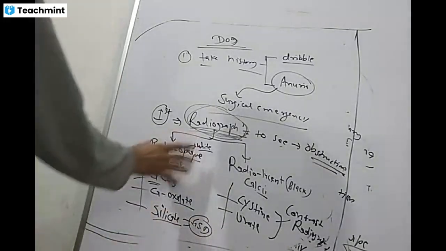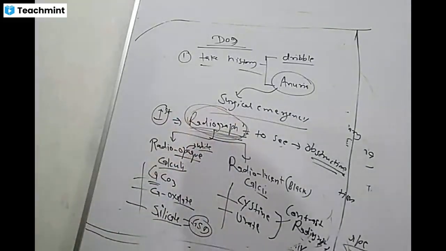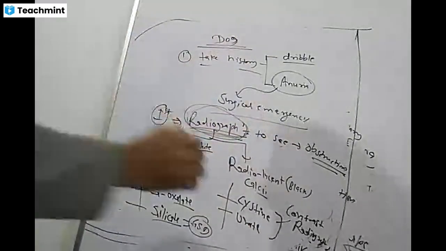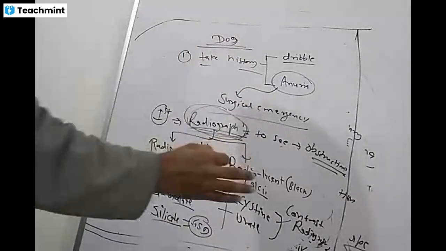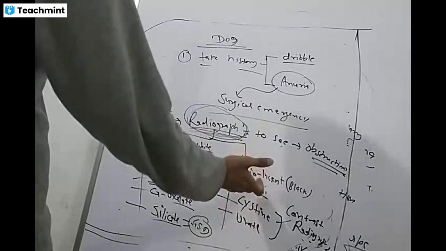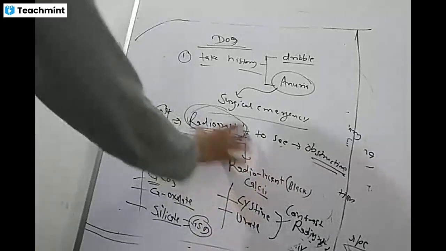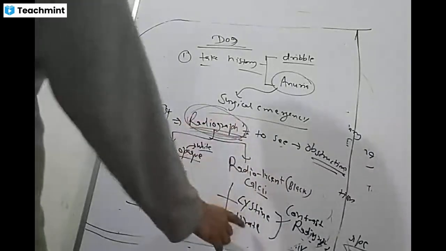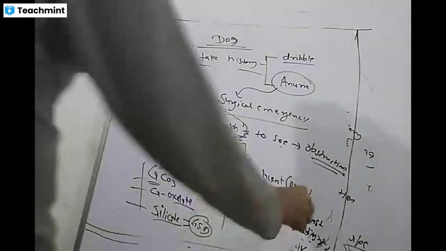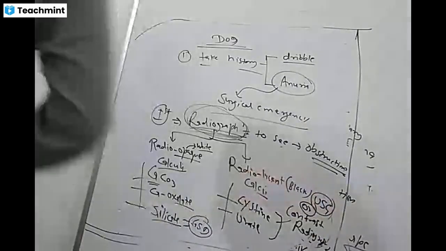So silicate is a radio opaque calculus. You can see it easily on the radiograph. If it is urate, you are examining a patient of Dalmatian. In Dalmatian, urates are commonly found. So urates are radiolucent, black. In that case, you will not be able to see them on radiograph. So in Dalmatian, you should go for contrast radiography, or the other option is USG. You can see them on ultrasonography.